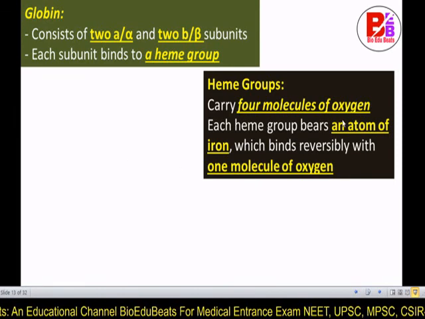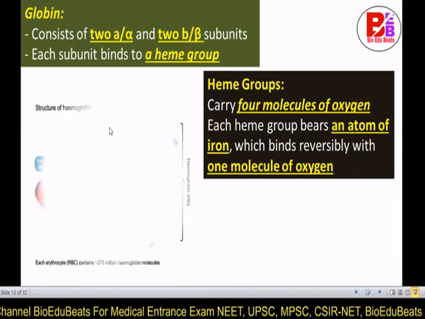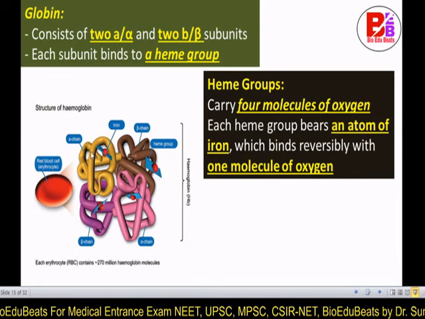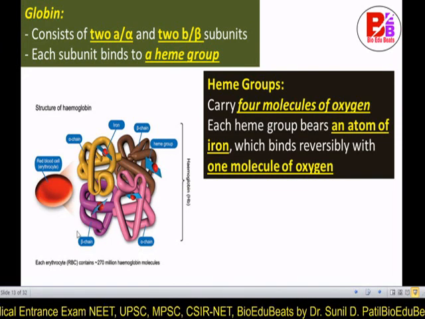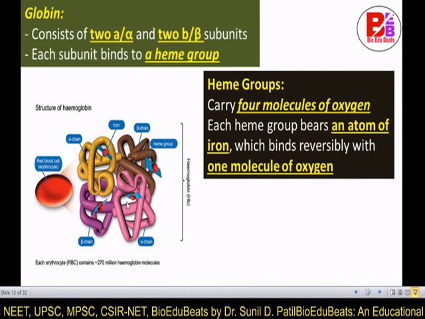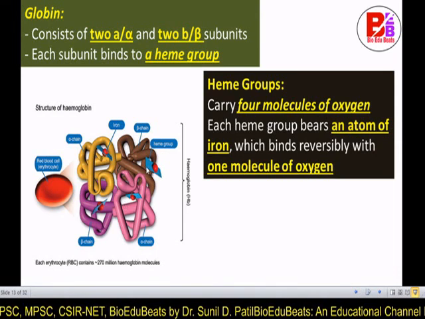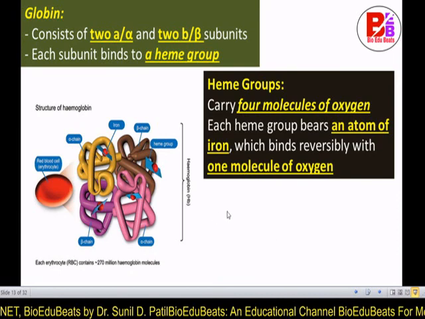So totally 4 molecules of oxygen are carried by each hemoglobin molecule. We have already seen this alpha chain, second alpha chain, first beta chain, second beta chain. These are heme groups or iron, Fe, and this combines with oxygen.